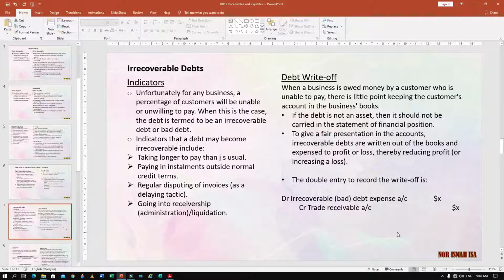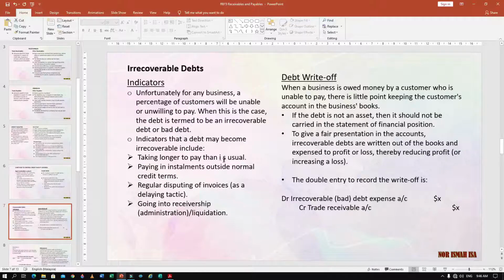Okay, when the business has given a credit facility to the customer, there may be irrecoverable debt. So these are indicators that the debt is not being paid or has become irrecoverable. One indicator is taking longer than usual to pay.